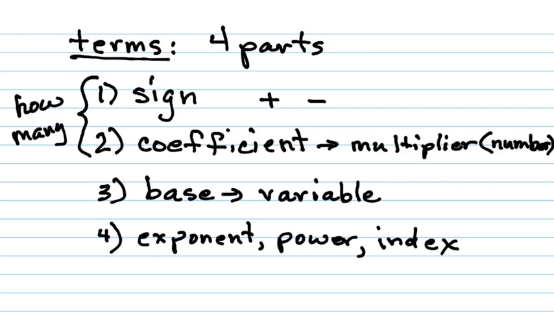An index for power. Good. I don't care which one you use. I usually say exponent or power, but I'm trying to learn index as well. Remember, half the battle is knowing what the directions are. If you know what the directions are, then it's a lot easier to do what you want to do.